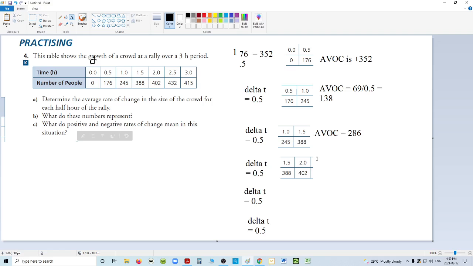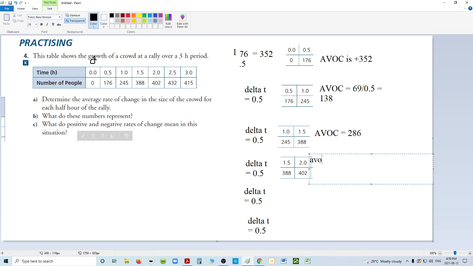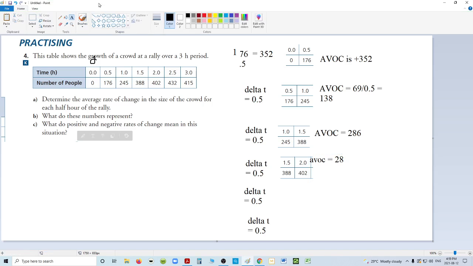The average rate of change is going to be the delta y, which is 402 minus 388. You can see the number is going to get smaller right here, which is 14 divided by the delta x, 0.5, which is 28. So suddenly the average rate of change went from huge numbers to a small number.